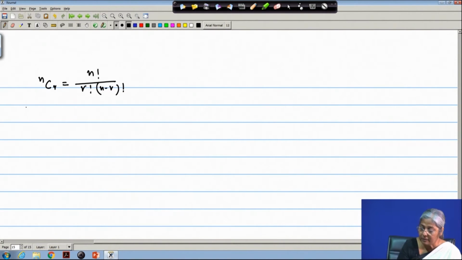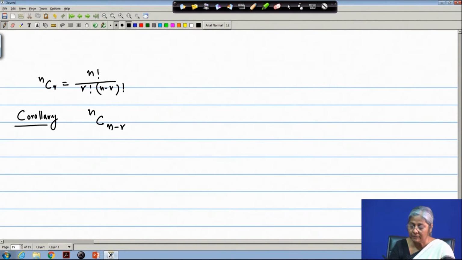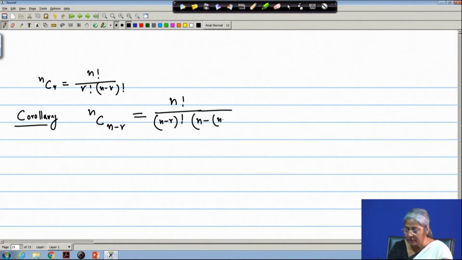So, I can write a corollary: if I write NC n minus r, that means I am giving r equal to n minus r, then I can write n factorial over n minus r factorial and n minus (n minus r), which is r, factorial.